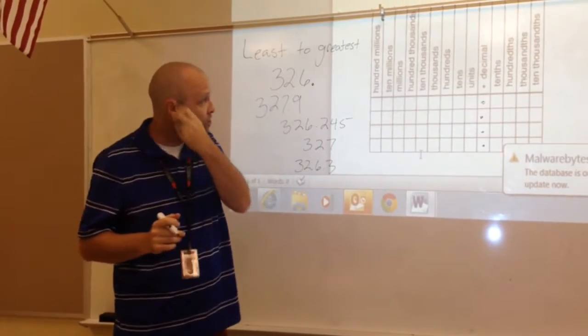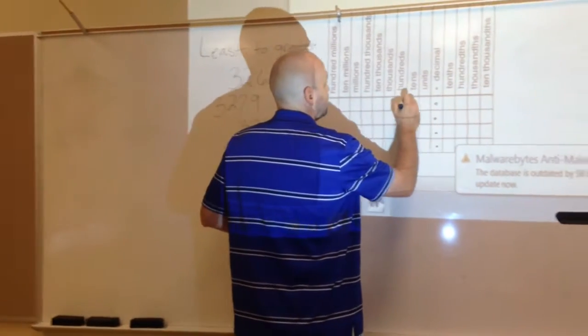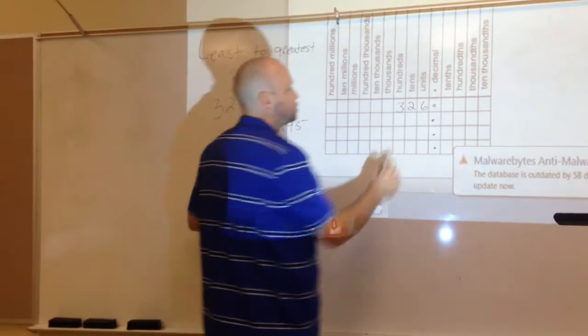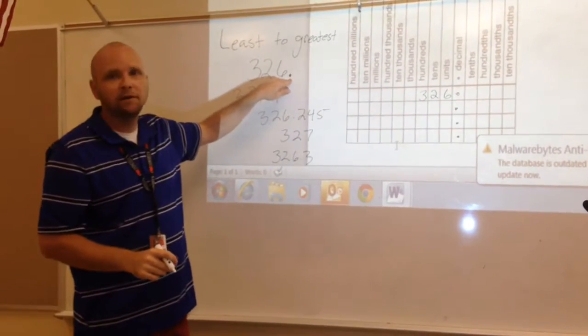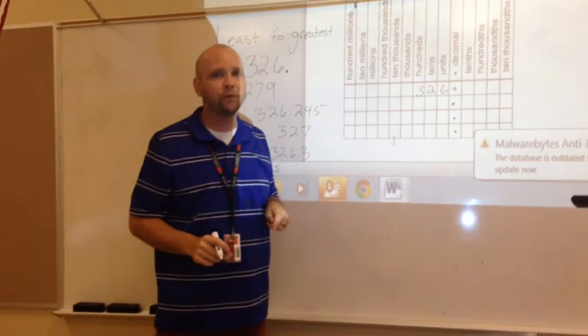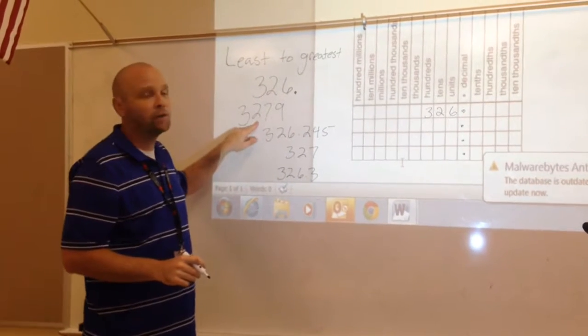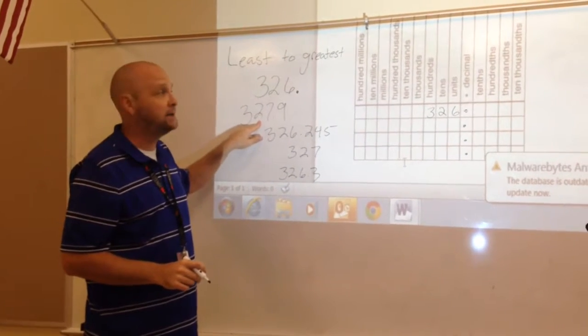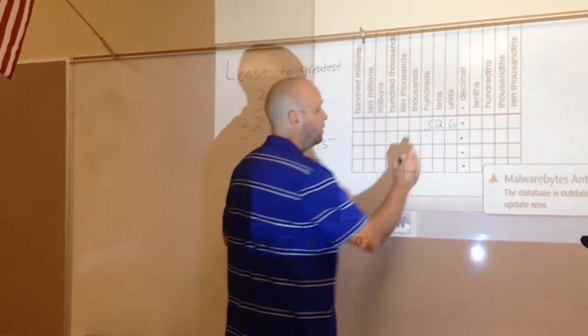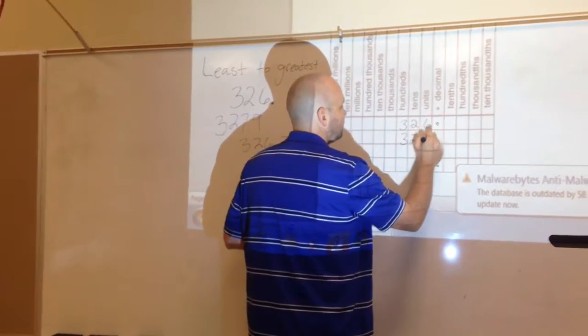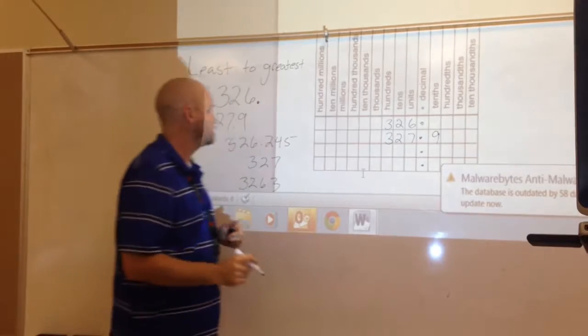I'm going to write that on my chart, making sure that it's written right in front of the decimal point. So I have 326. The next one, 327 and 9/10. I go over here, I have 327 and 9/10.